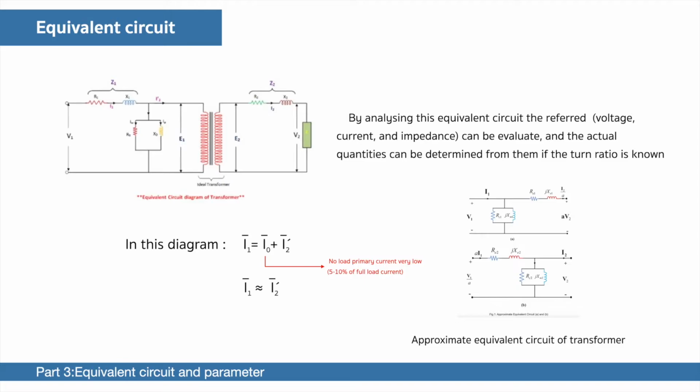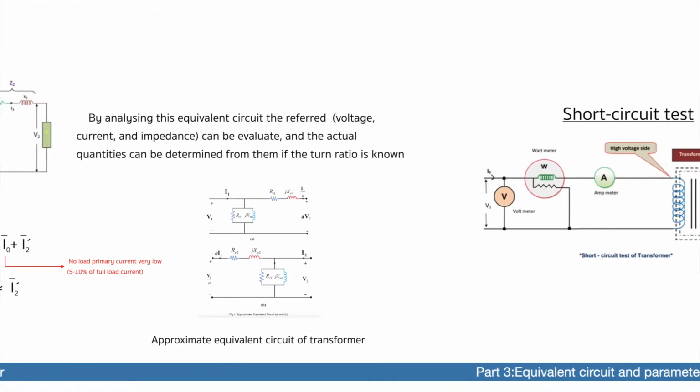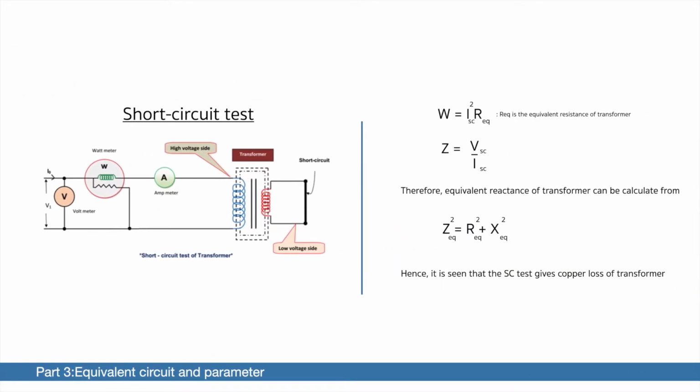Two simple tests are applied to determine the values of the parameters for the transformer equivalent circuit. These two are the short circuit and open circuit tests. The connection diagram of the short circuit test, or impedance test, on a transformer is as shown in the figure.